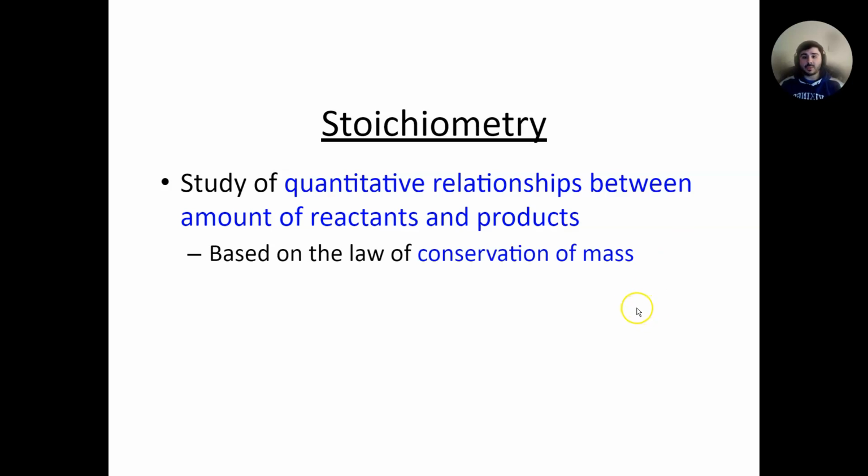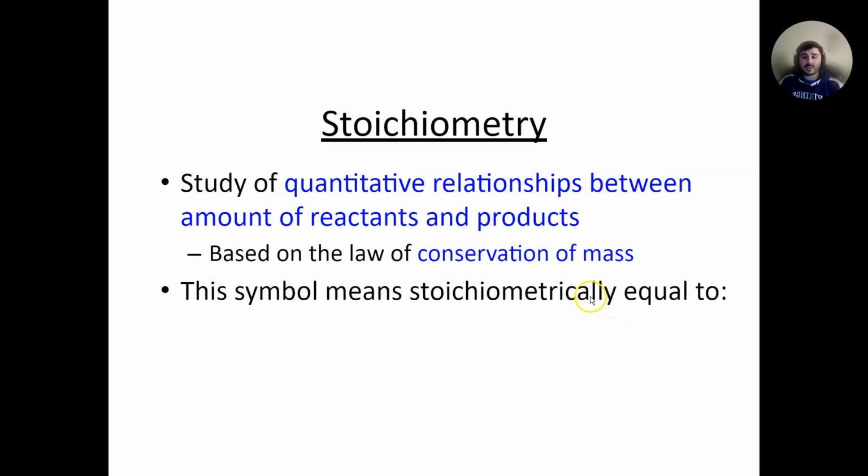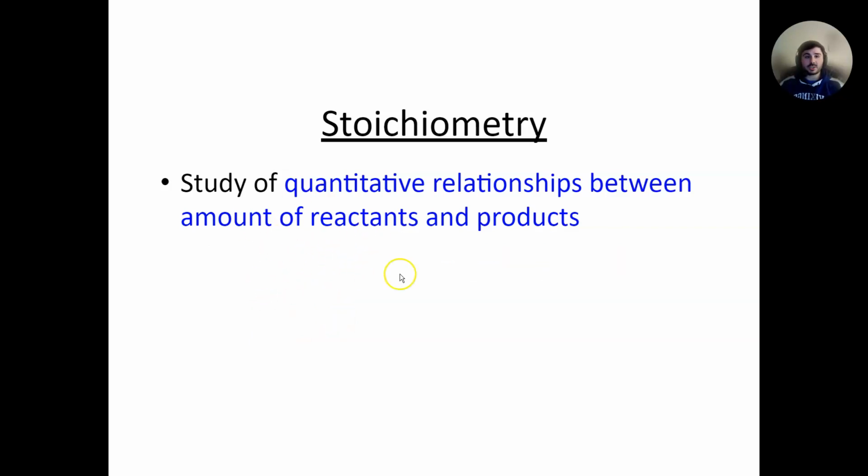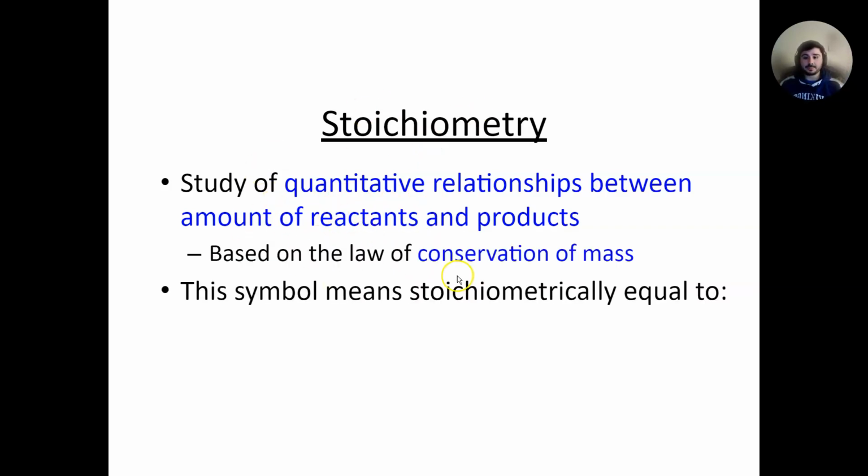It's based on something called the law of conservation of mass. I wouldn't really worry too much about these two particular bullet points here. I would more so pay attention to this vocabulary word, stoichiometry, and its definition right there, okay?